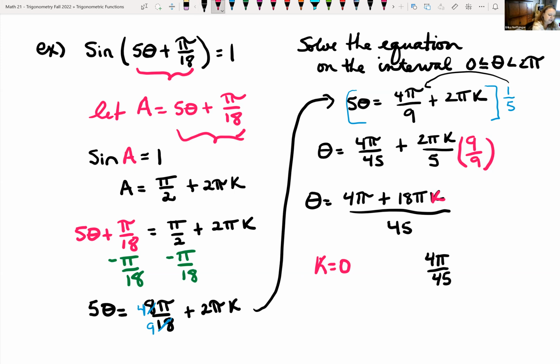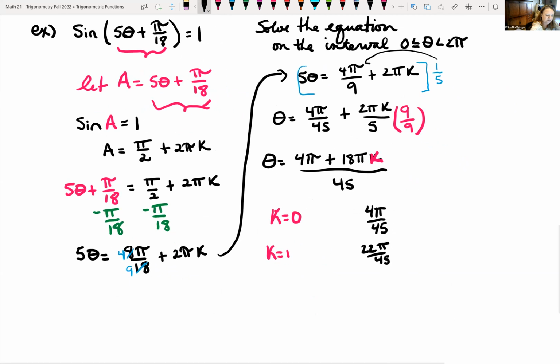Now choose k equal 1. If I plug in 1 for k, that would give me 18 pi plus 4 pi, that's 22 pi over 45, which still falls inside that interval.